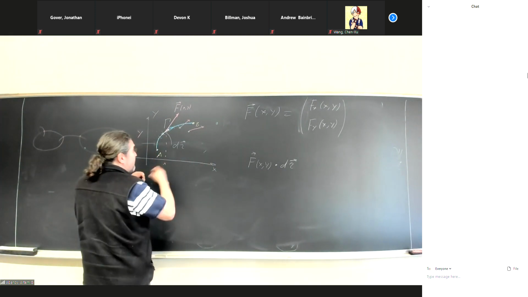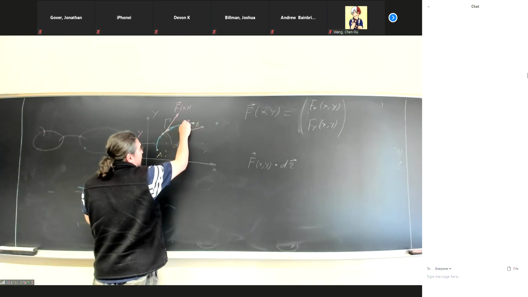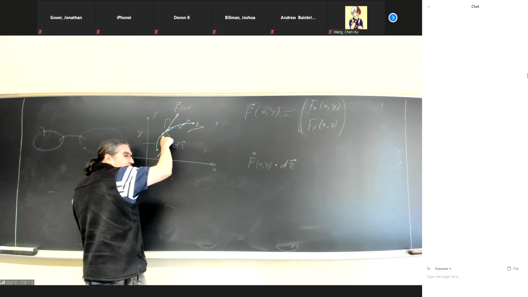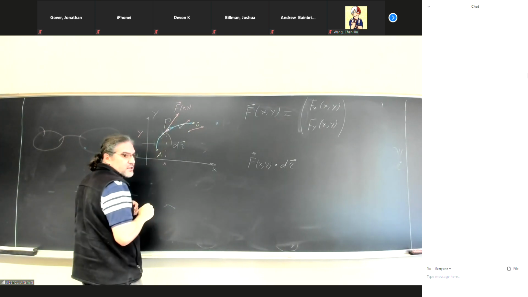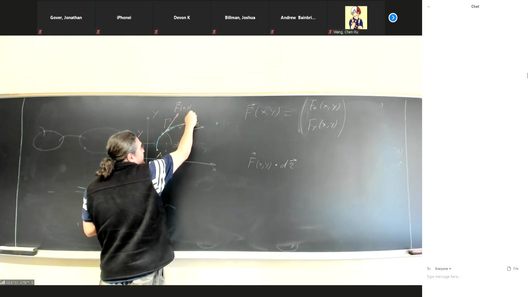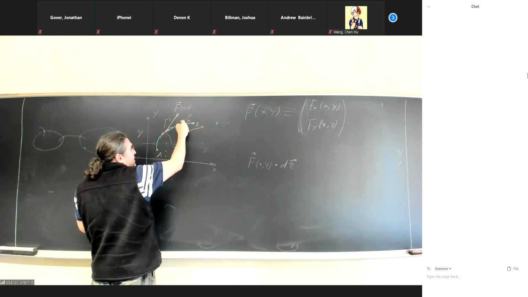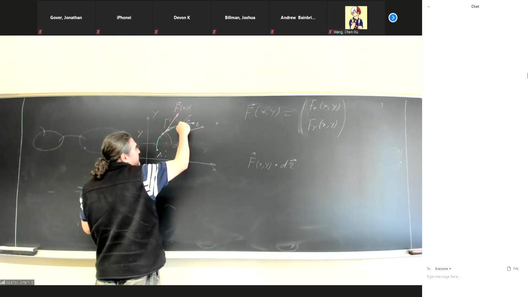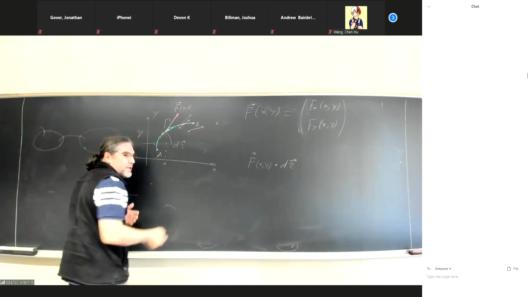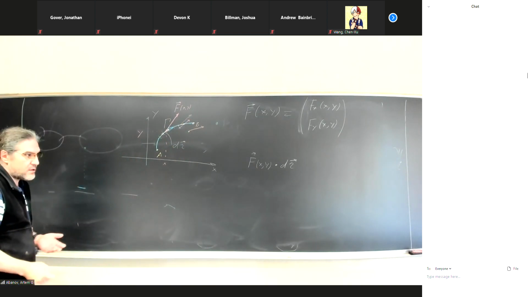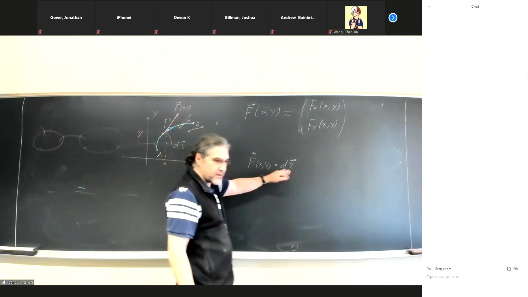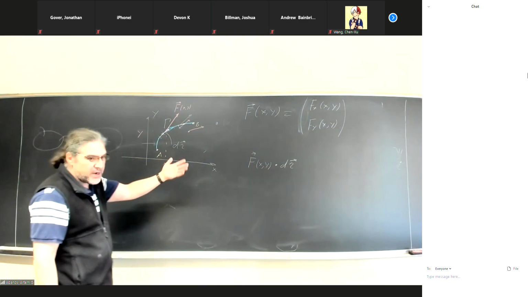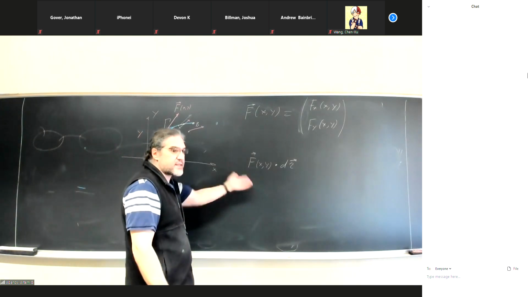And you see that for every small displacement, dr will be different. dr here is different than dr here. They have different directions. And vector f will be different because vector f here was taken at this point. The vector f here will be taken in that point. So those things will be different for each displacement. But nevertheless, for each of them, I can compute them and then sum them up.